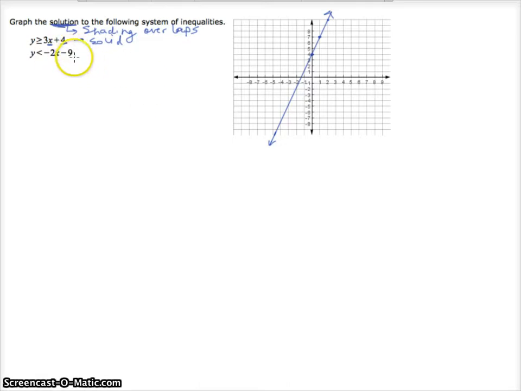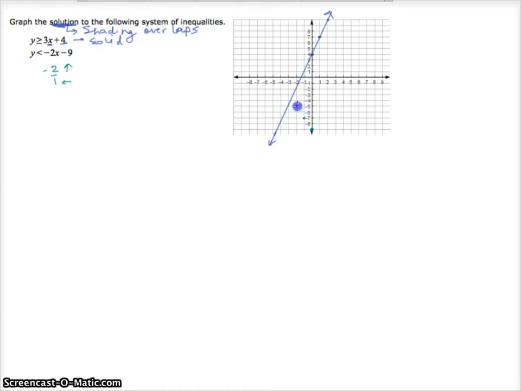I'm going to look at -9 as my y-intercept, which is right here. And now we have a problem. My slope is -2 over 1. I can't go down 2, I'm out of room. So what I'm going to do is go up 2, I'm going to go left. I'm going to make one negative motion. As long as you make one negative motion, I'll have a negative slope.